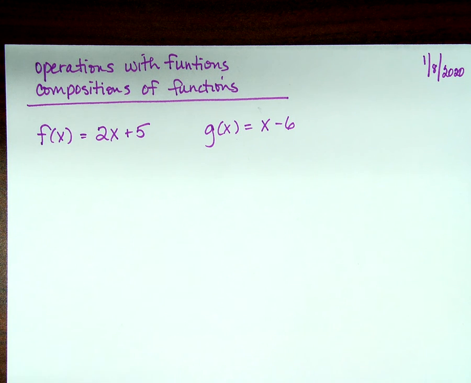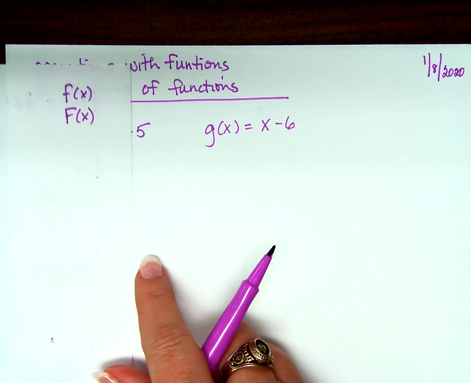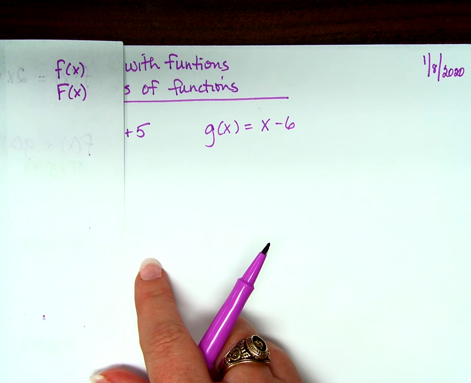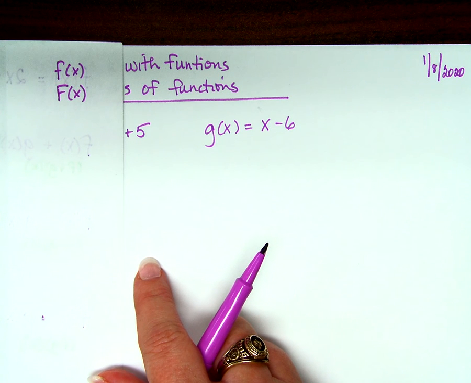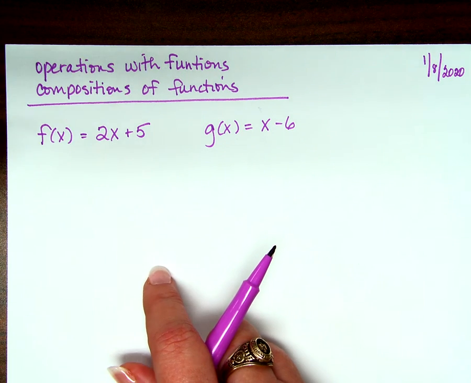Because something that really blew my mind when I was taking my graduate classes, when I was getting my master's, these two things are completely different. Lowercase and capital, different. Okay? So I could talk about 50 functions.